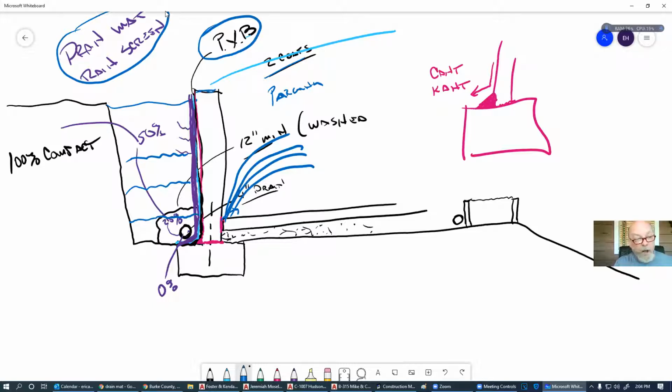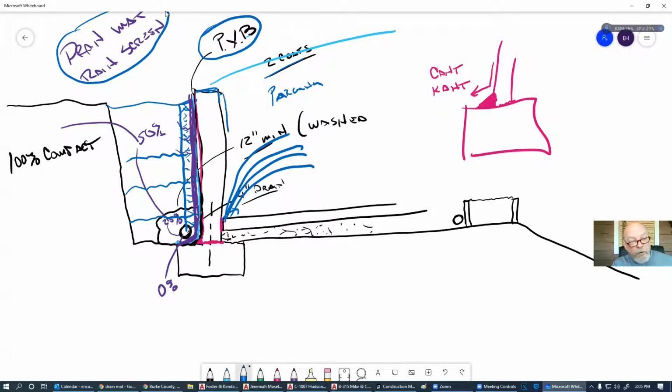Matter of fact, when I did my renovation, all of my basement except for one small room is completely heated. So adding 2 inches of insulation to this can absolutely help, because filling this concrete block wall with insulation is useless.